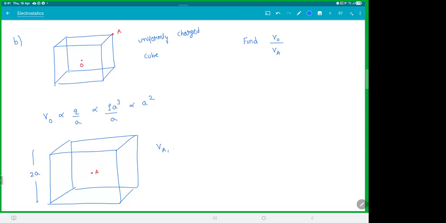So VA, that is the center of the big cube, is proportional to 2a whole square, that is 4a square. That means potential at the center of the big cube.